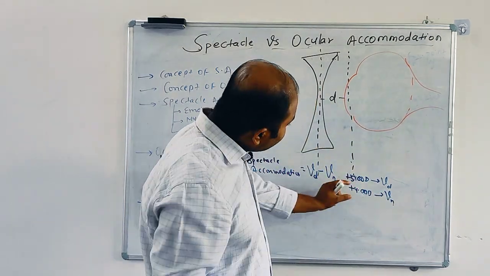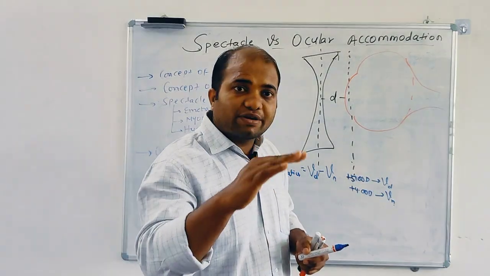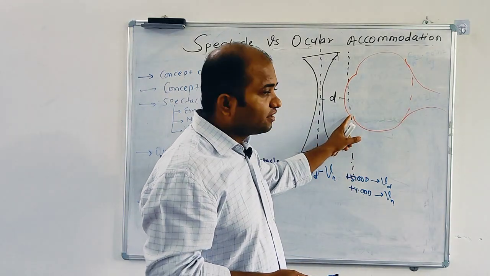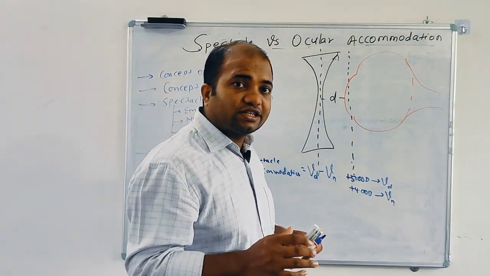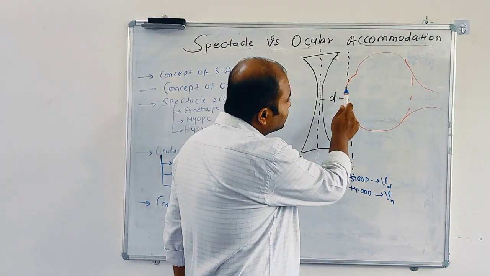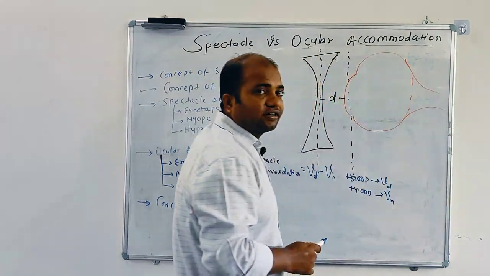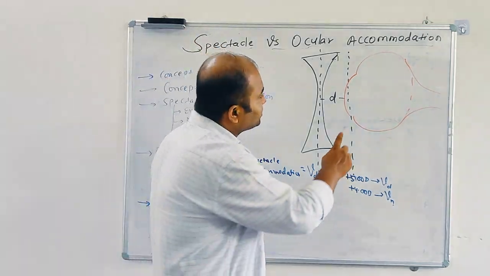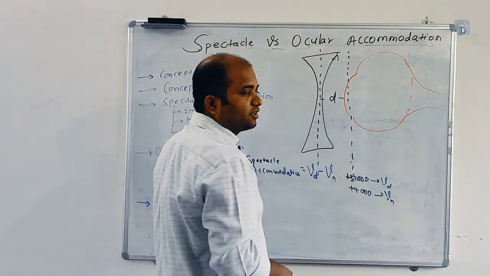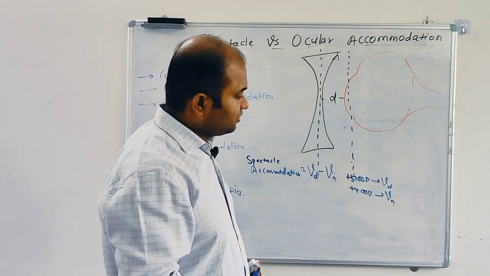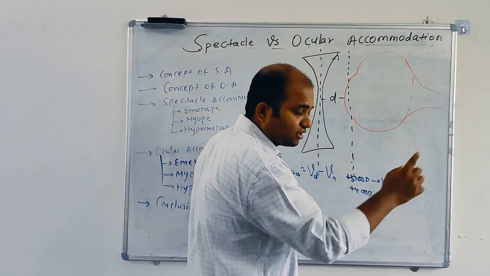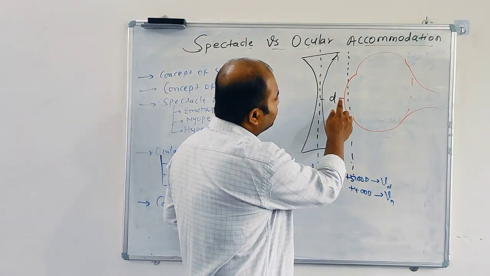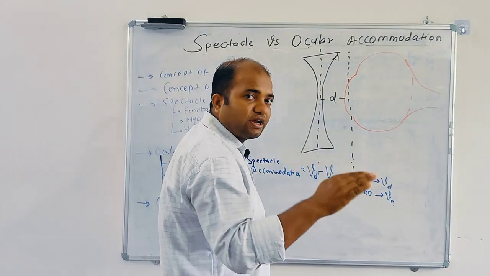And what is the change? +1 diopter has decreased when you are seeing near. +1 diopter decreased means there will be less convergence and light will focus behind the retina. That means there should be some mechanism to compensate for that, and light should fall on the retina, right? Here when you are seeing at 1 meter, it is +4 diopter only instead of +5, so that extra 1 diopter is less.